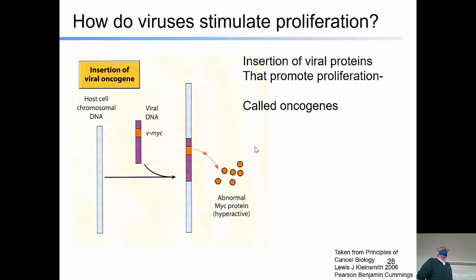So this is one of those mitogen-activated proteins that are transcription factors activated by mitogens. This virus just happens to be carrying a copy of it around, and it's an unregulated copy. So this inserts into the host genome, and now there's a whole bunch of MYC being produced when there shouldn't be. It's being produced even in the absence of other cellular signals.